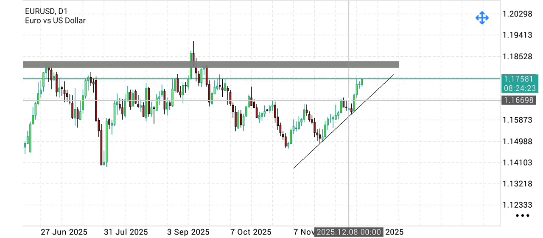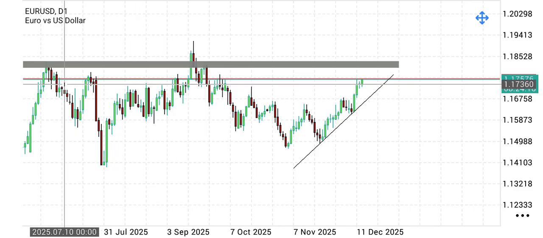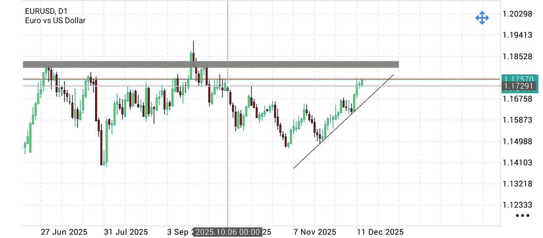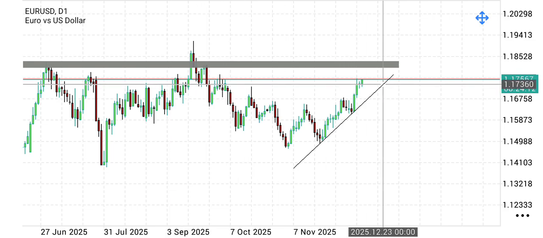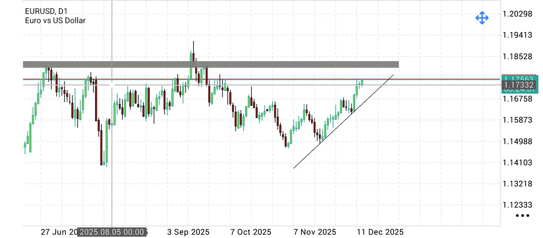Remember what I said on Friday last week, that around these areas, somewhere around here, there is also a resistance zone.